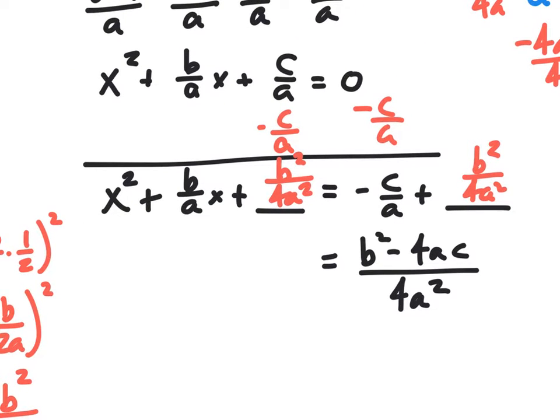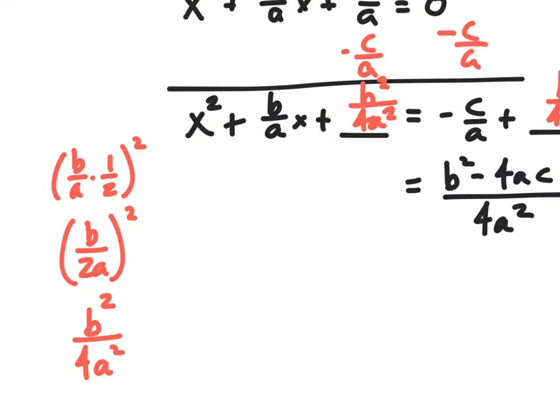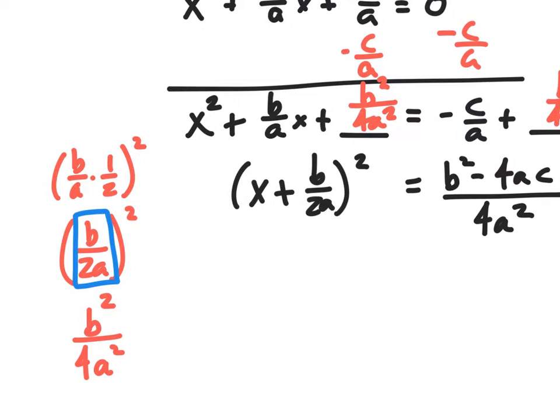Now what I have over here is x squared plus b over a times x plus b squared over 4a squared. This is a perfect square. To factor that, I look at what I took and divided by 2, so I get x plus b over 2a, this whole thing squared.